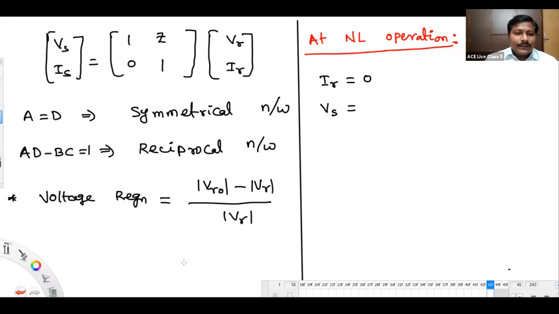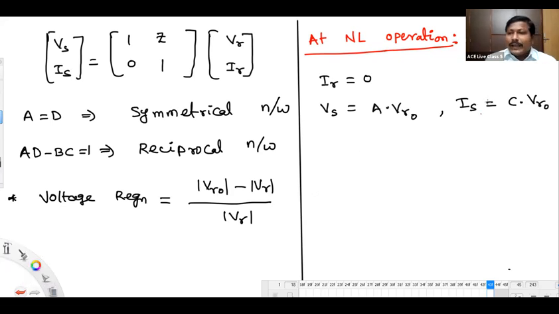You have to tell this from the generalized one, not from the short transmission line. You should say it from the ABCD equations. Vs is equal to A into VR0, in fact. And what is Is? C into VR0. Okay. Vs equals A into VR0. Is equals C into VR0.